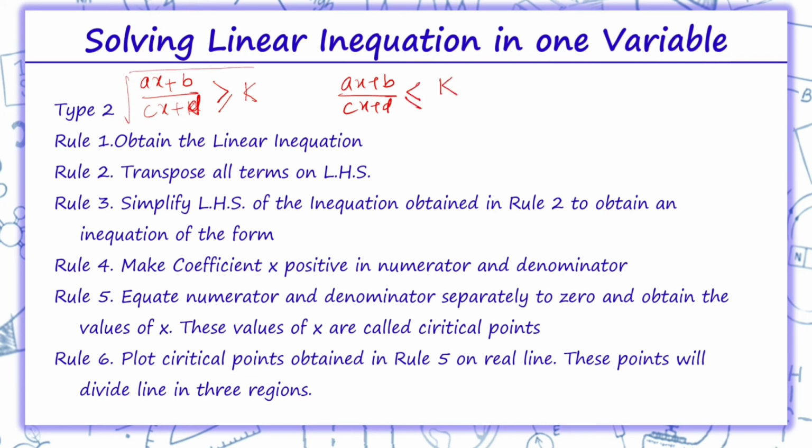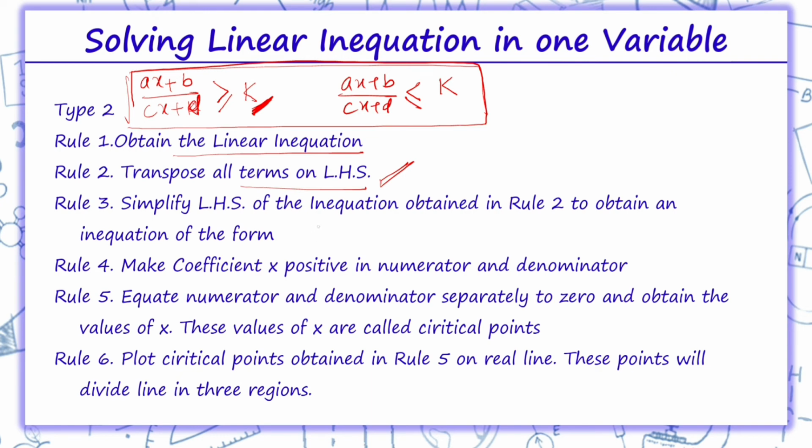When a linear inequation is given of this type, the rules are: we obtain the linear inequation, then we transpose all the terms to the LHS. Then we simplify the inequation so that we have 0 on the right side, because we are transferring all the terms to the LHS.